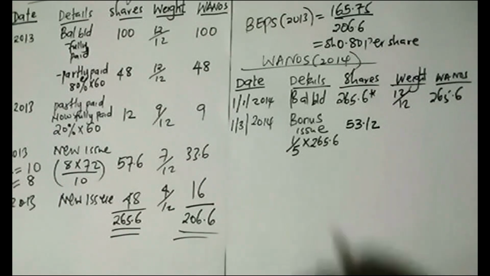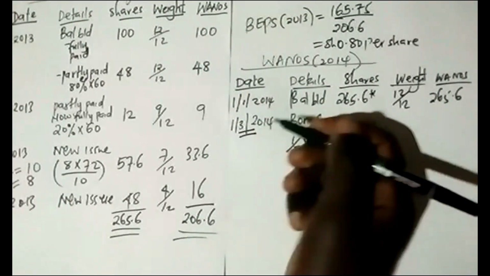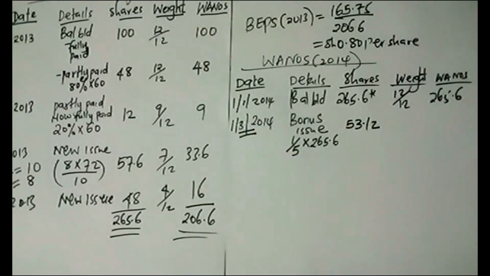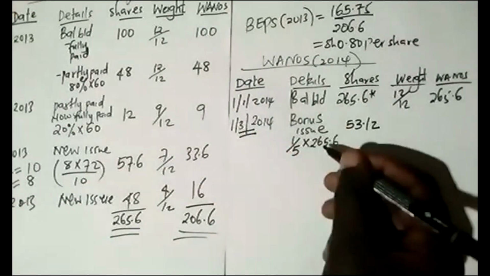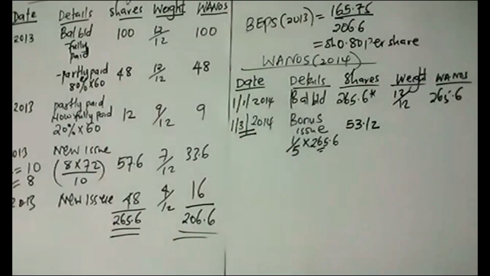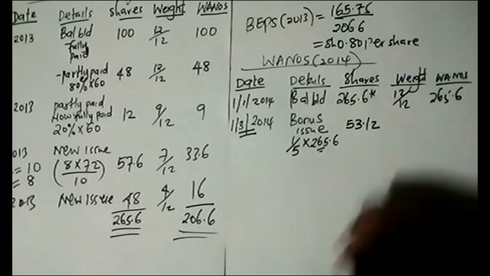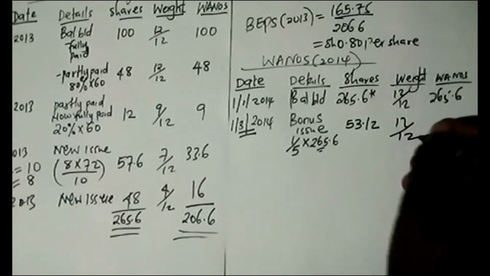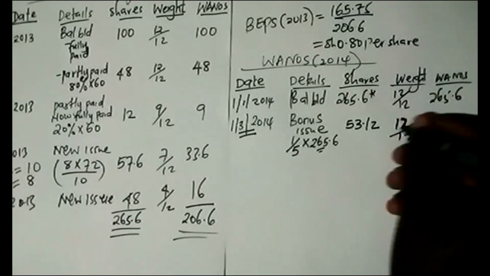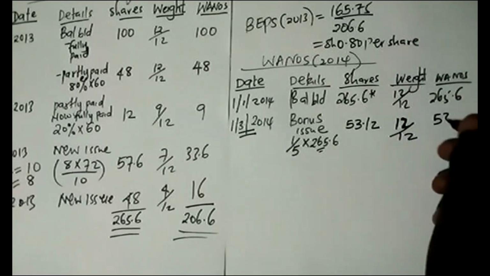You don't consider from the time the bonus took place, but from the time the shares on which it is based were incorporated in the capital structure. These shares were there from the start of the year, so that is 12 out of 12. That is what I have here, 53.12.